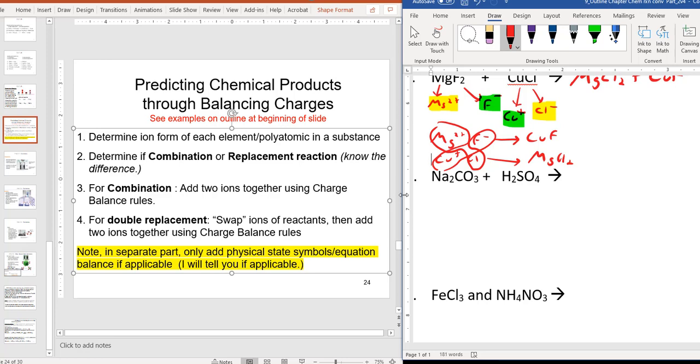So we break it up where it's a sodium with a positive charge, just one of them, not both of them, and then a carbonate, this is one that you had to have memorized, with a 2 minus charge. Then there's a hydrogen with a positive charge and a sulfate with a 2 minus charge. So I'm just going to write it like this.